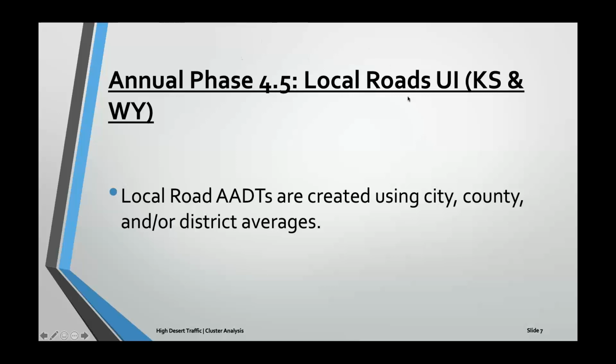So we have this local roads UI for creating a number. It's probably not a great number, but it's still a number that you can use. For this city out in the middle of nowhere with 200 people, we need to know the ADT for that paved road. Well, the average is, you know, 25. Okay, so I'll be showing you that here in a second.